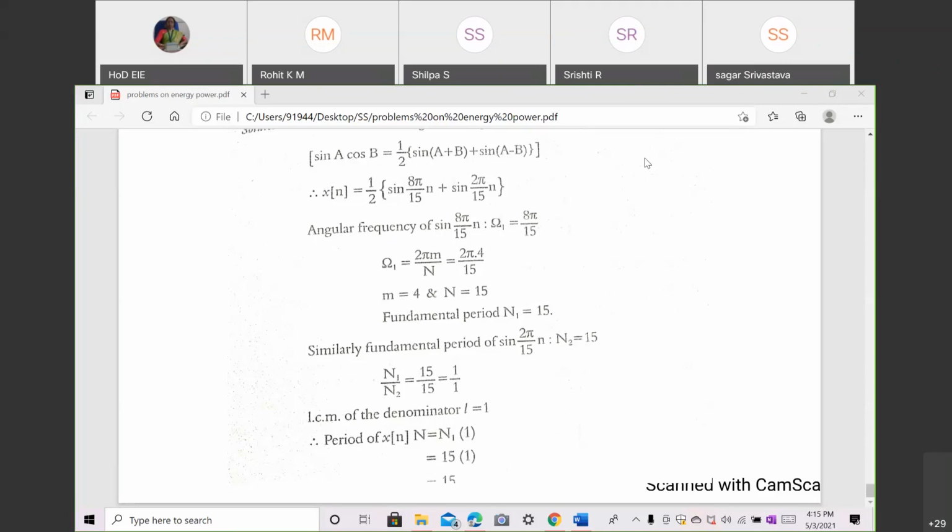Tanguturi. Present, sir. Tanish. Yes, present, sir. Vaishnavi Atre. Present, sir. Vaishnavi Sholapur. Present. Vikas. Yes, sir.